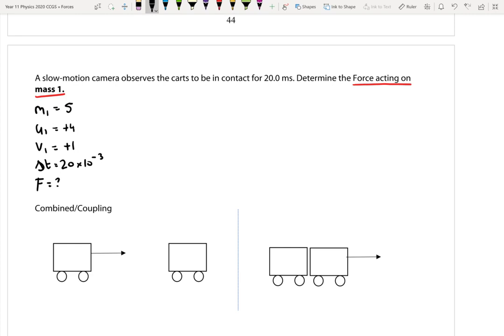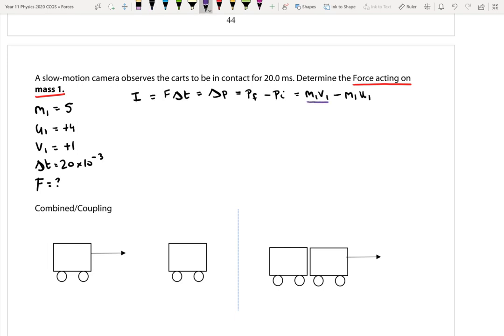Now, let's take that massive long equation that was in the pink or purple box from a couple of lessons ago. Let's write it all down. Impulse equals F delta t, which equals change in momentum, which is p final minus p initial, which is m1 v1 minus m1 u1.